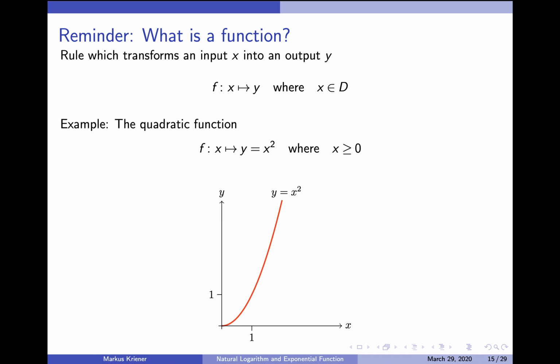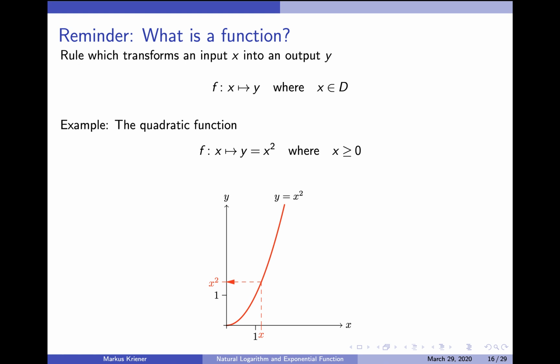With a graph in front of you, you may throw away the rule which you used to plot it. The graph allows you to define the same function by a geometric rule. Take a value x on the x-axis as an input, go upward until you hit the graph, go to the left until you hit the y-axis, this is your output.